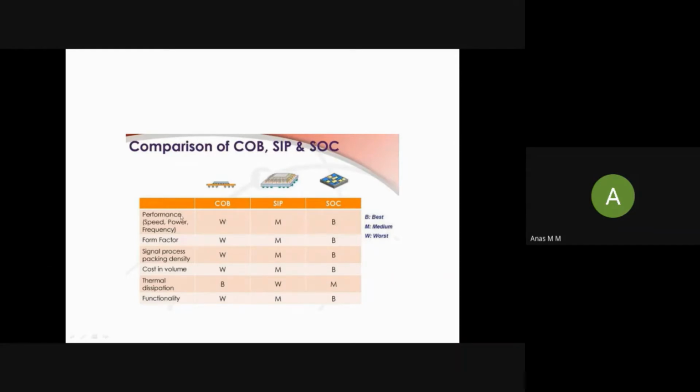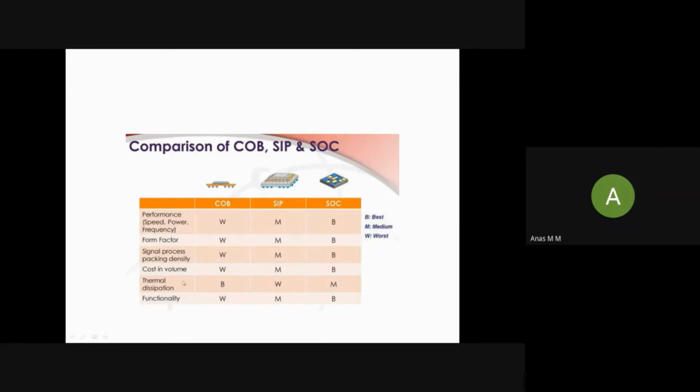In the case of performance, SoC is the best. In form factor, SoC is the best. In signal processing and packing density, SoC is also the best one. And when it comes to cost, SoC is cheaper compared to SiP and COB. Heat dissipation is best in COB boards compared to SoC, but SoC is medium in that case.